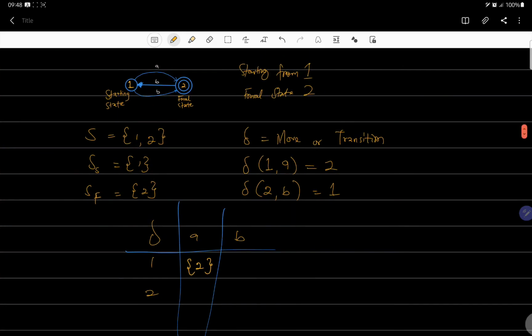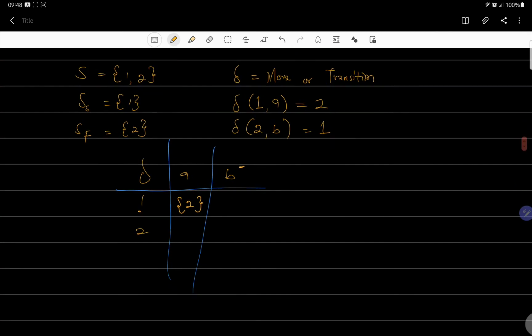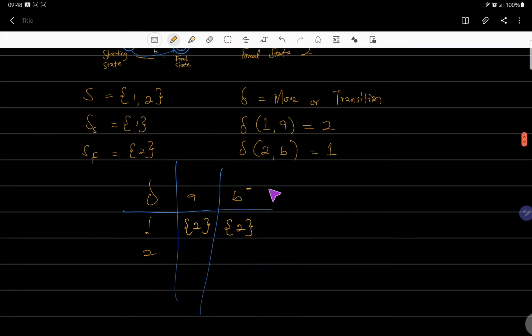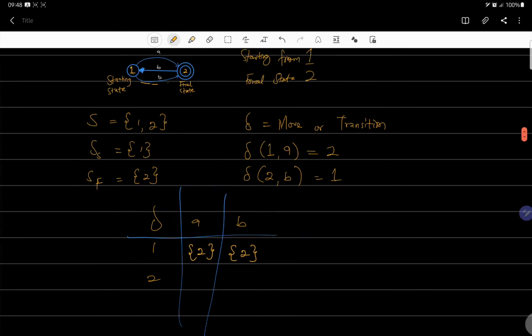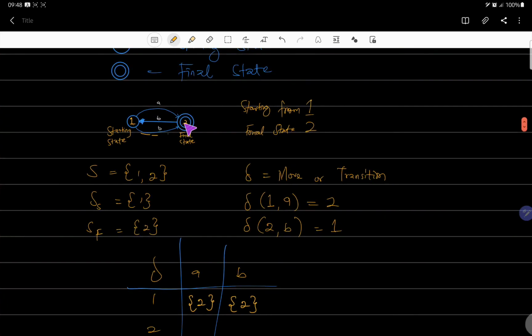Now if you are going from 1 and you want to pass B, where does it lead us? It leads us to 2 obviously, so you write 2. Now we are going from 2 and I want to pass A, where does that lead us? There is no A that goes back or anywhere, so it leads us nowhere.